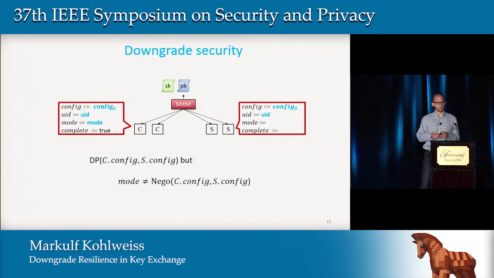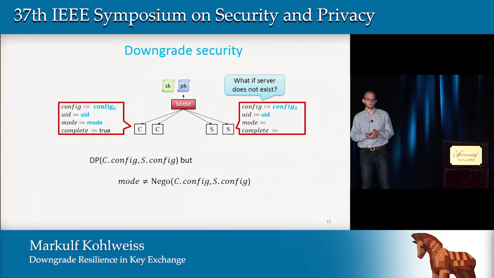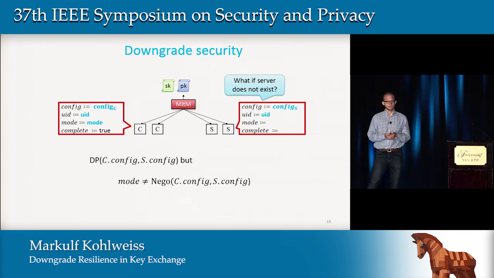And an attacker that can get into this state with non-negligible probability, or with high probability, is a successful downgrade attacker. So there's a caveat to this definition, namely, what if the attacker can impersonate the server? So there's no server instance that has the same unique identifier. In that case, our definition says nothing and doesn't guarantee anything good about the mode.